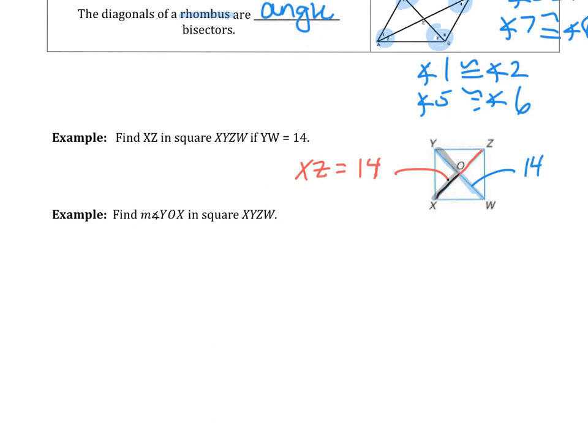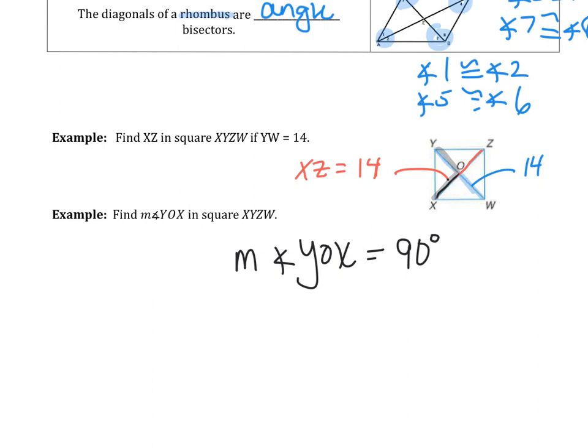What we know is that the diagonals are perpendicular to each other, because the square is also a rhombus. So we know that the measure of angle YOX is equal to 90 degrees because of that rule of our diagonals.